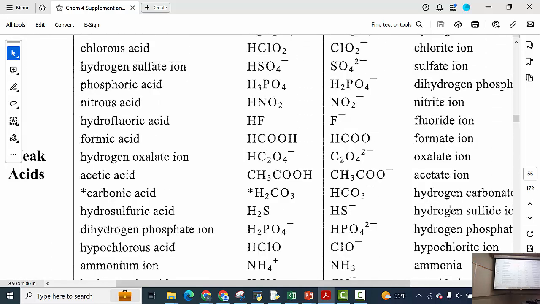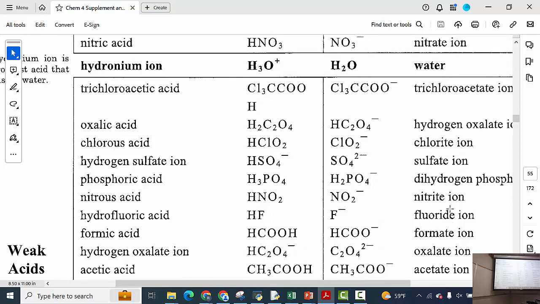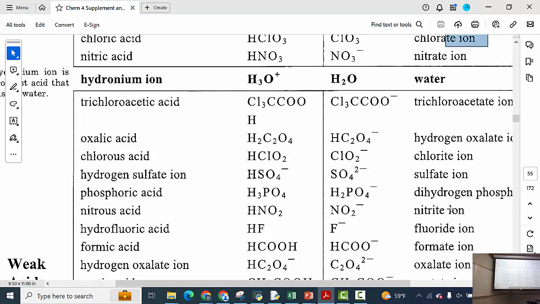Are we supposed to know all of these plus some extra cations? Are you supposed to memorize them for the test? No, you don't have to memorize them, but you have to know how to derive them. If you don't know how to derive them, then memorize them. If you know how to derive them, then you don't have to memorize them.